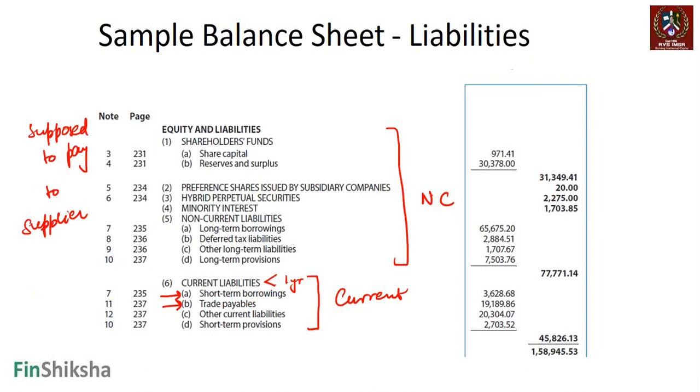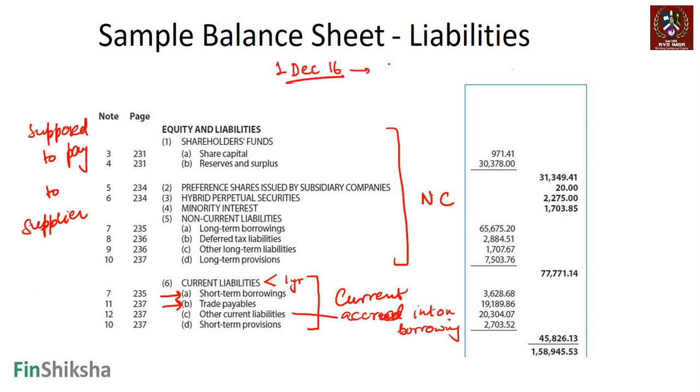Other current liabilities, an example of this could be accrued interest on borrowings. So I have taken a loan of 1,000 crore. I'm supposed to pay the interest in next 2 months, but at this point of time, it has not come due, right? So let's say I took a loan on 1st of December of a year, 2016, let's say, and I have to pay the interest 6 monthly.